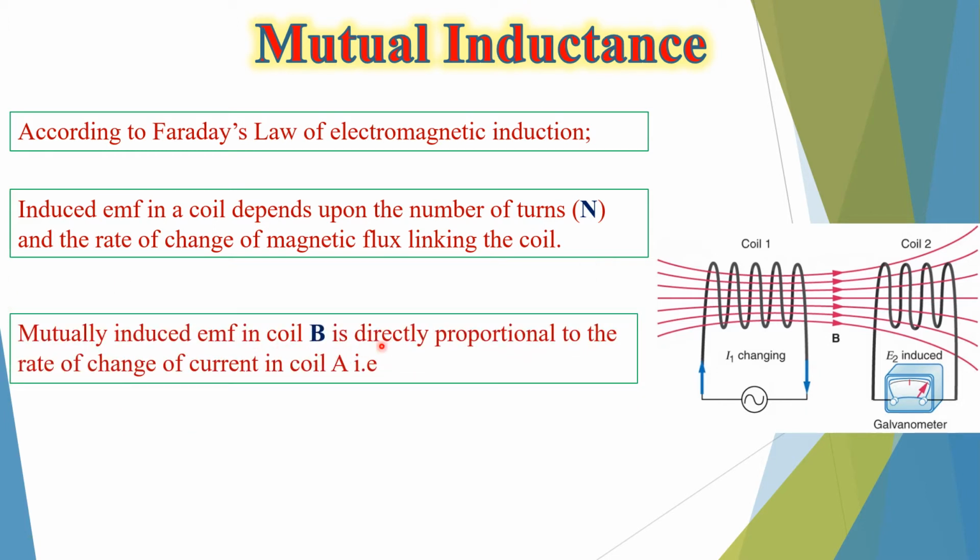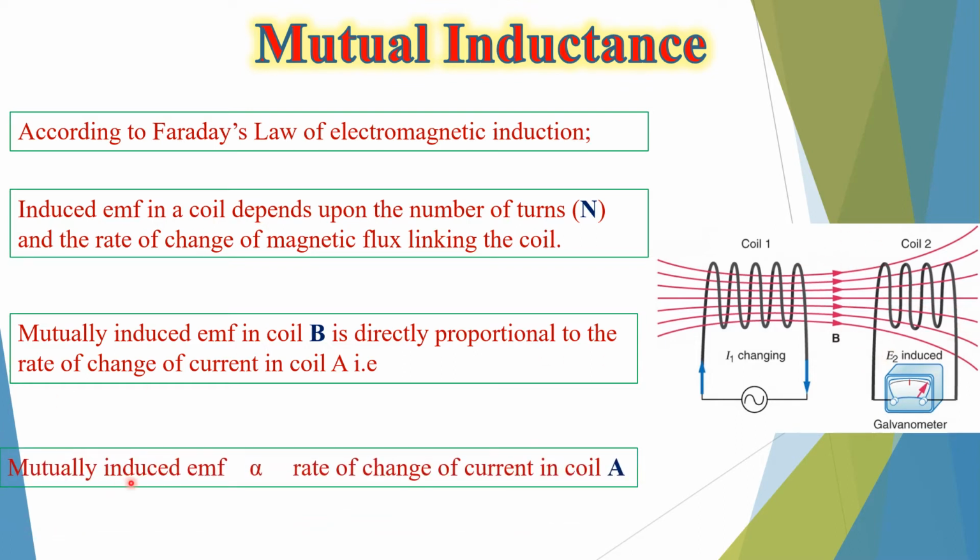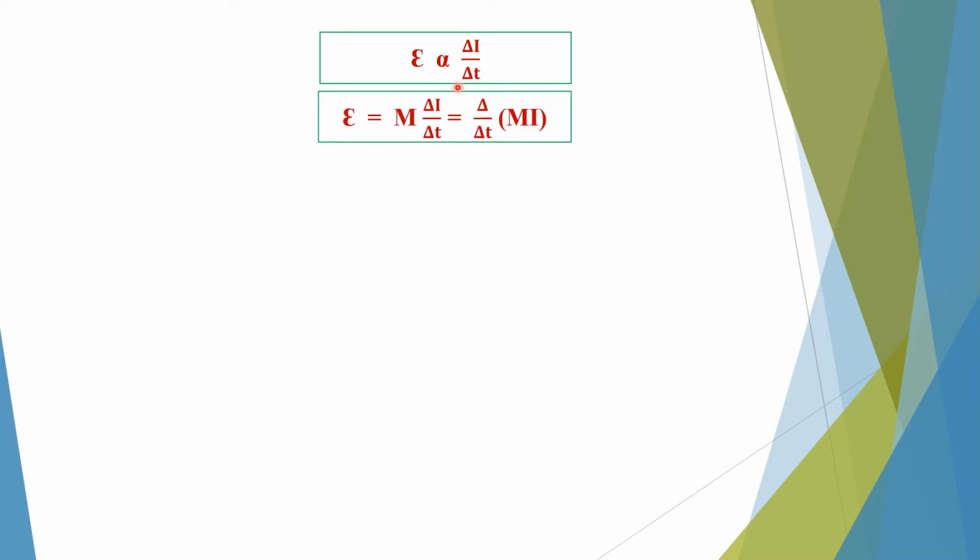Mutually induced EMF in coil B is directly proportional to the rate of change of current in coil A. So the mutually induced EMF is proportional to delta I divided by delta t, the rate of change of current in coil A, and the constant is M. M is mutual inductance, and we get mutually induced EMF equals M delta I divided by delta t.